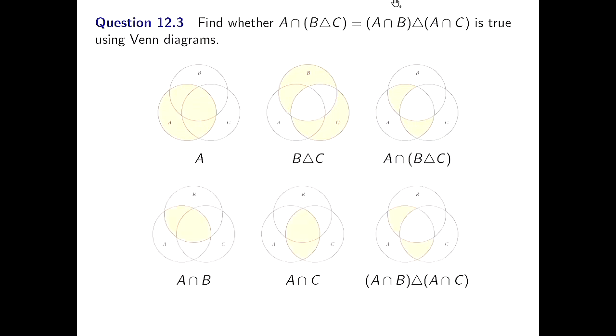And the other side of this, here's A intersect B in our 3-way Venn diagram. Here is A intersect C. Symmetric difference. It's what's in one but not both. It's just this thing. Same deal, right? So this one does work.